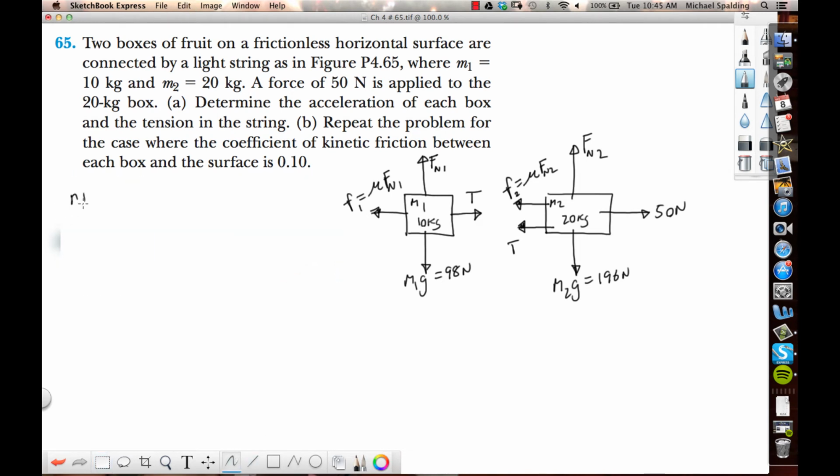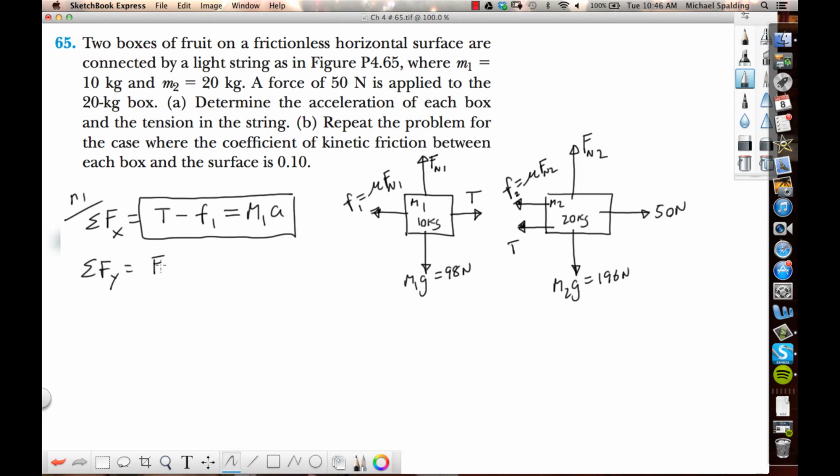Summing the forces for M1, in the x direction: T minus friction 1 equals M1a. And in the y direction, you have normal force 1 minus M1g, which is 98, equals M1a.